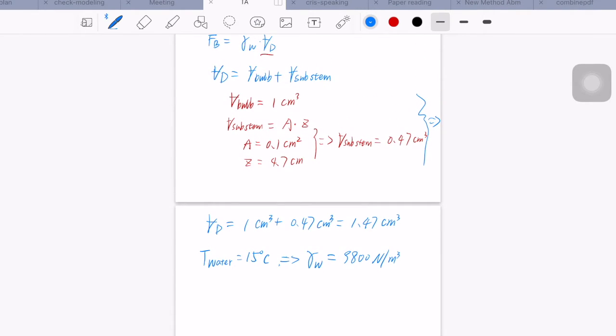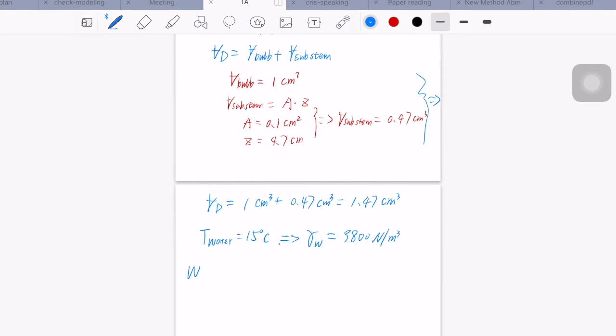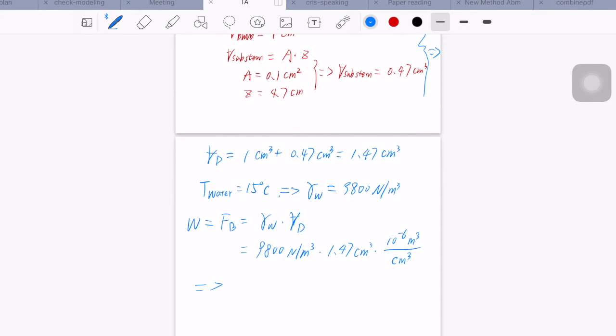So now we can determine that the weight of the hydrometer equals FB equals gamma W times the volume D, so equals 9,800 newtons per cubic meter times 1.47 cubic centimeters times 10 to the negative 6 cubic meters per cubic centimeter. So the weight should be equal to 0.0144 newtons. So we finished this problem.